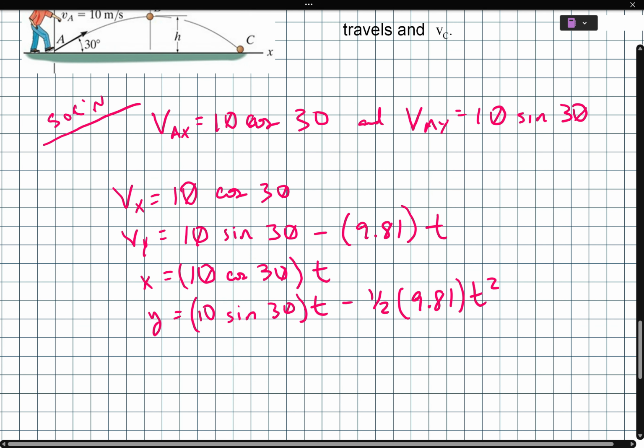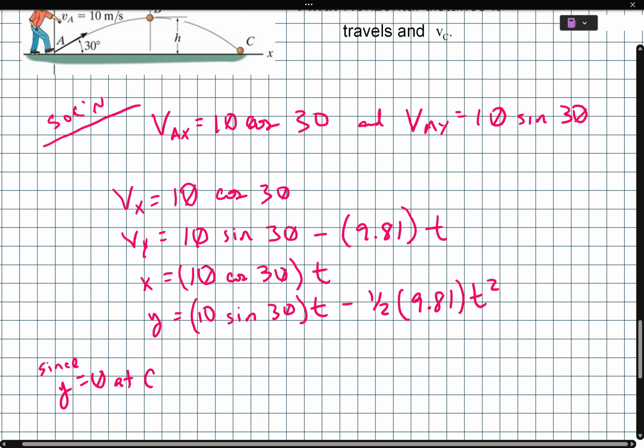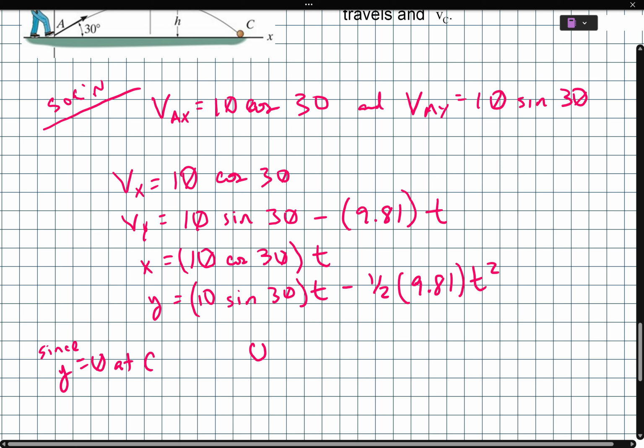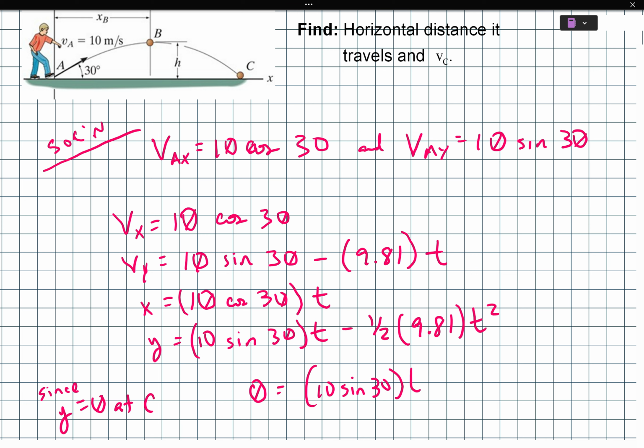Since y equals 0 at point C, as you look back at the diagram, then 0 is equal to 10 sine 30 t minus 1/2 times 9.81 t squared, and for us that yields t being equal to 0 and 1.019 seconds.